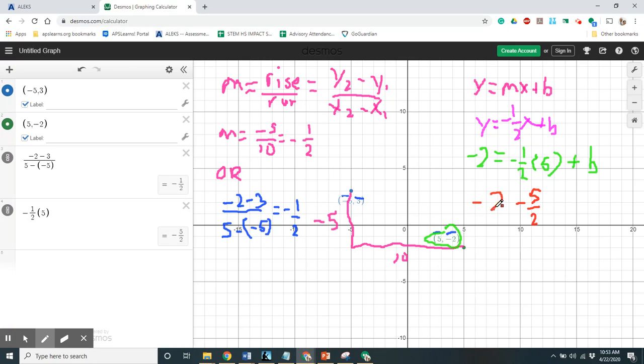I'm going to bring that down. So negative 2 is equal to negative 5 halves plus b. So these two multiply to become this. Then to get b by itself, we have to add 5 halves to both sides.